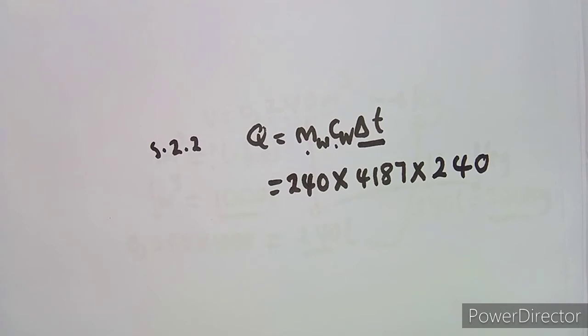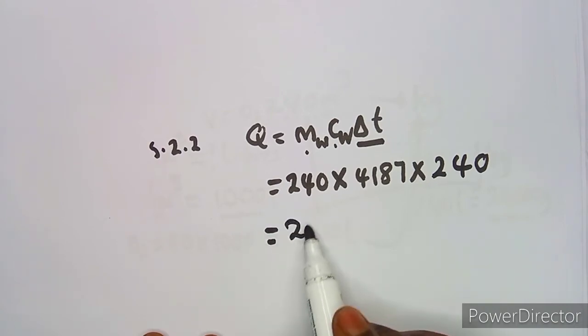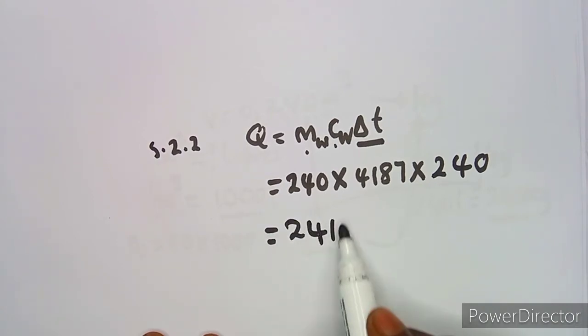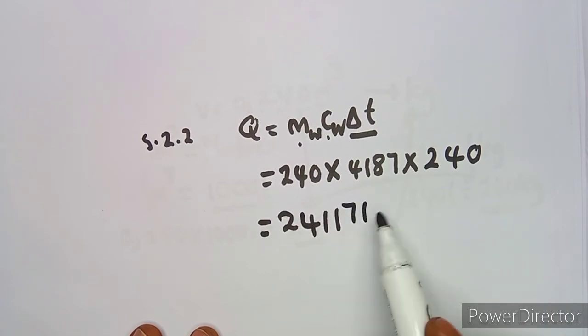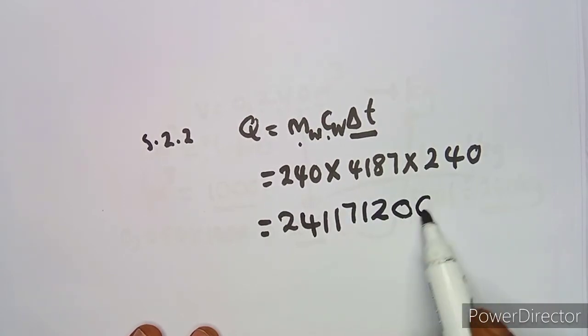From your calculator, you simplify this and obtain this big value, 2,411,712.